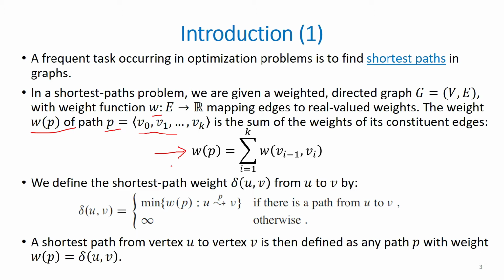The weight of the shortest path from u to v is given by delta(u,v) and is defined as the path with the least weight from u to v if v is reachable from u, and infinity otherwise. So here, W(P) would be equal to delta(u,v).